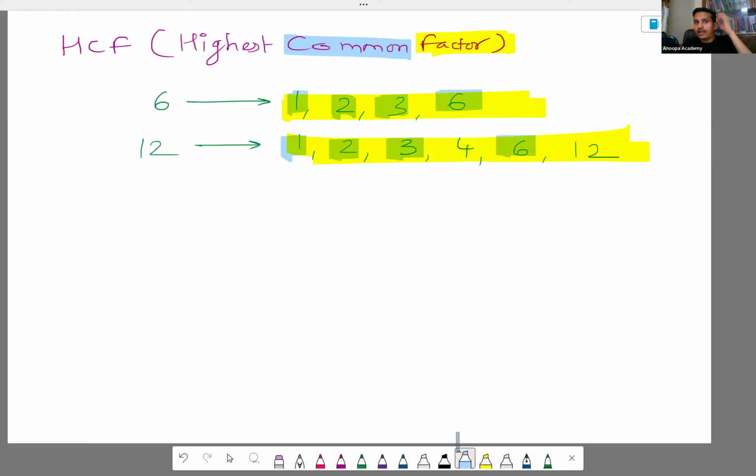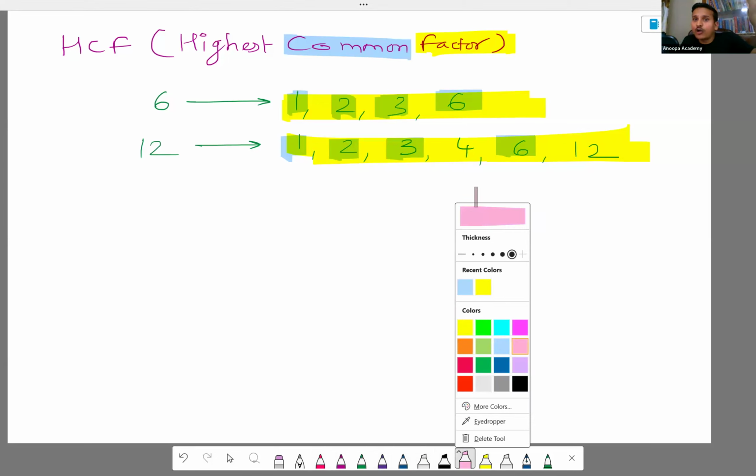So I'm explaining the concept of HCF. I have taken two numbers, 6 and 12. I want to find the HCF of 6 and 12. So I write the factors of 6, the factors of 12, and take the common ones. In this common list, the highest one is 6.